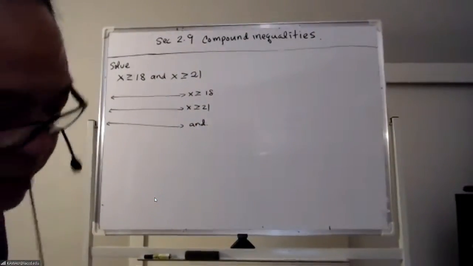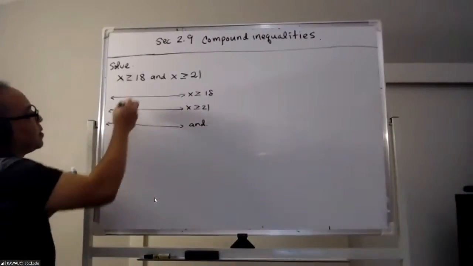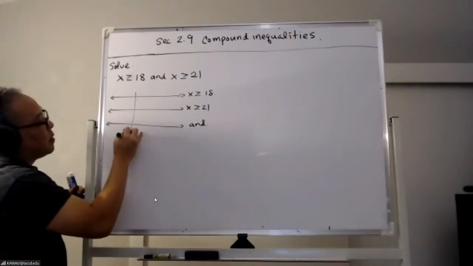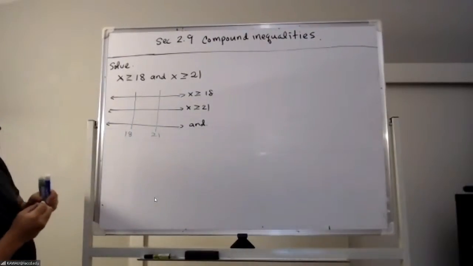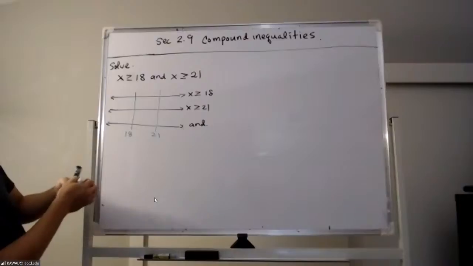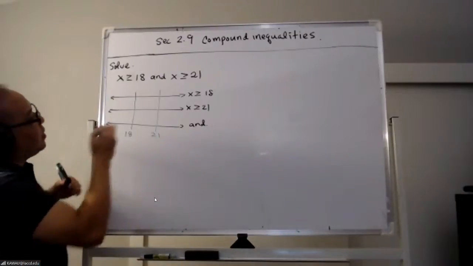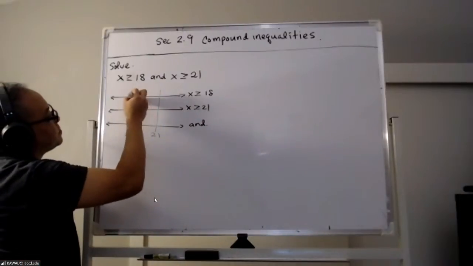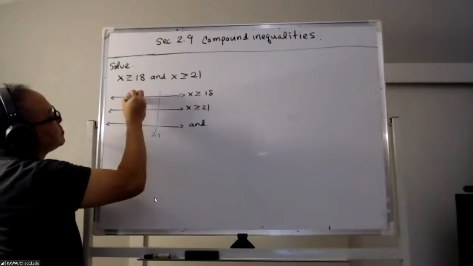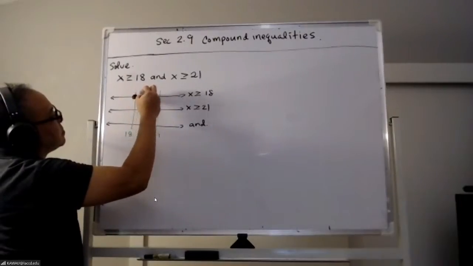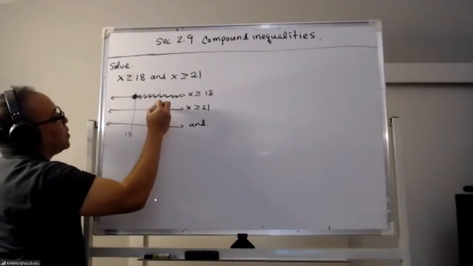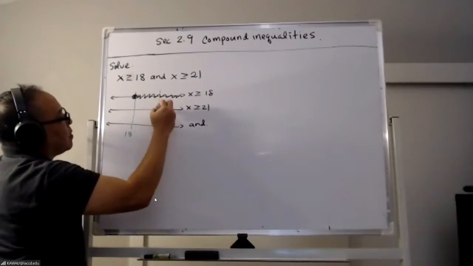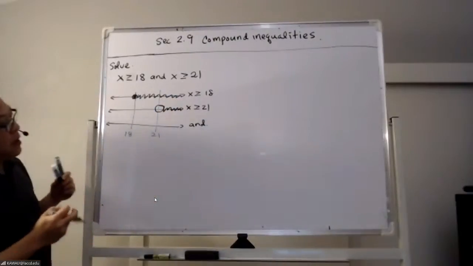Okay, now, look at this here. So we have x is greater than 18. And we have x is greater than 21. Okay.